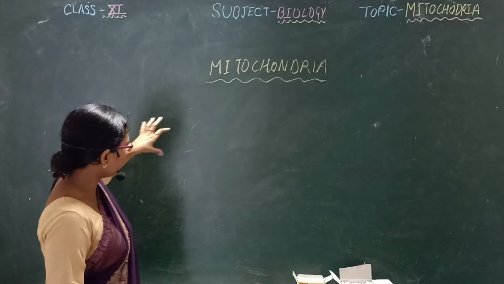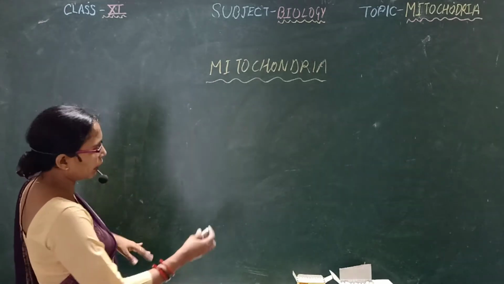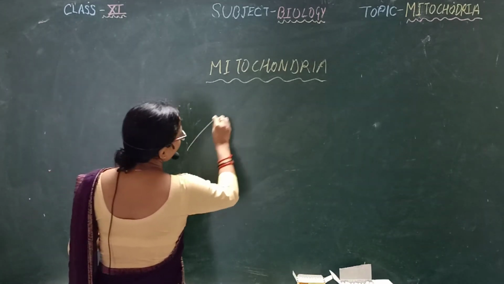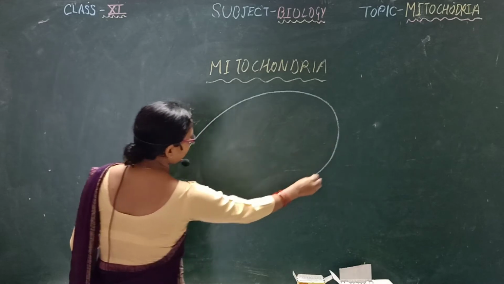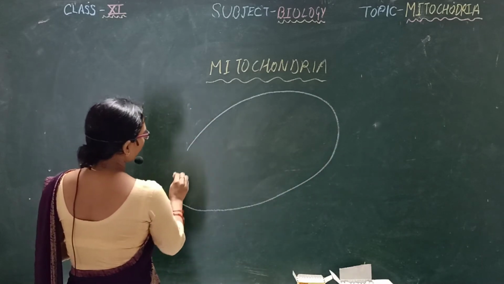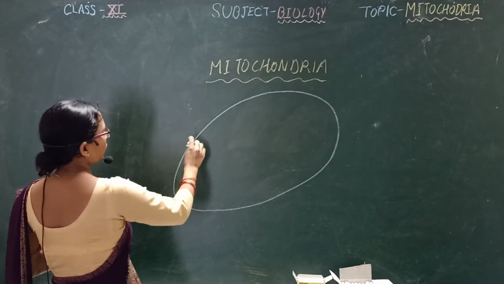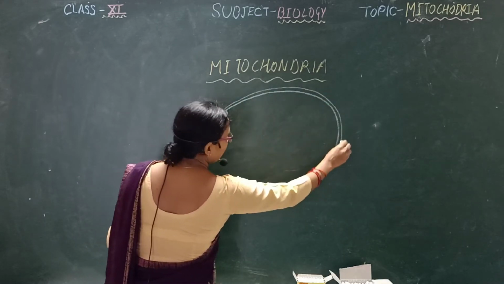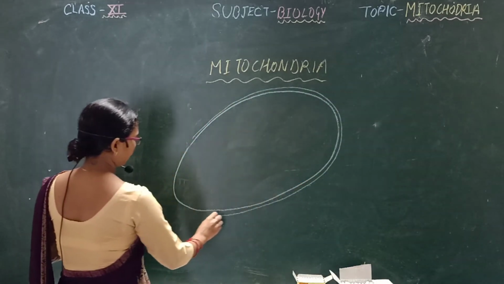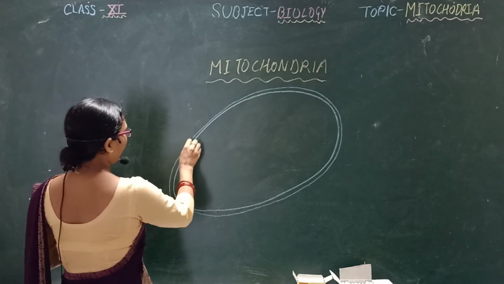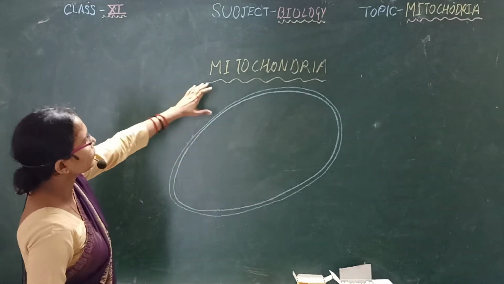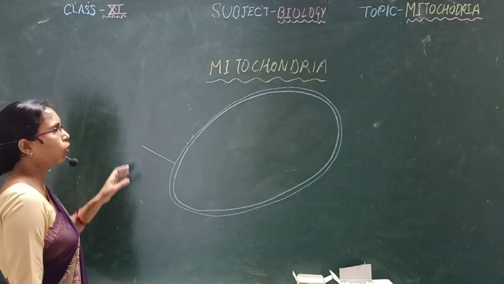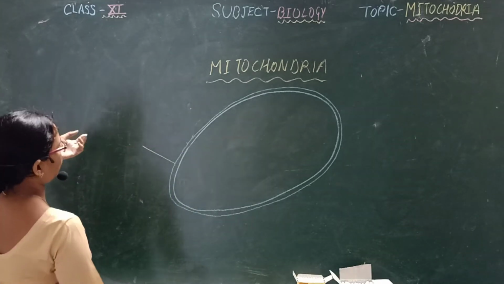Okay, so here we will see the structure of the mitochondria, which is a double membranous structure. The outer membrane of the mitochondria and the inner membrane. It's a double membranous structure, oval in shape, rounded in shape, or you can say circular in shape.